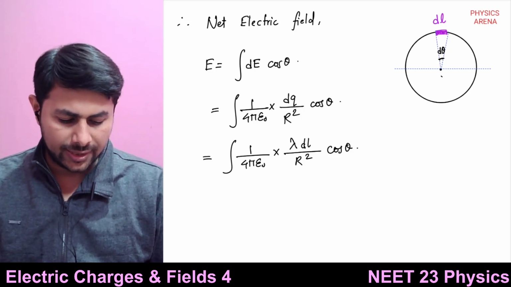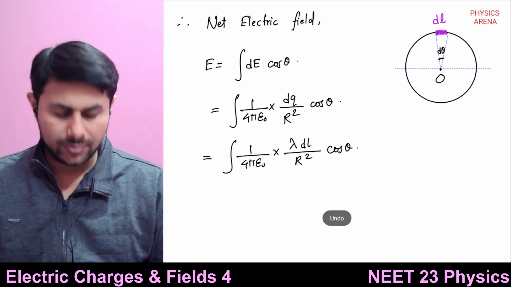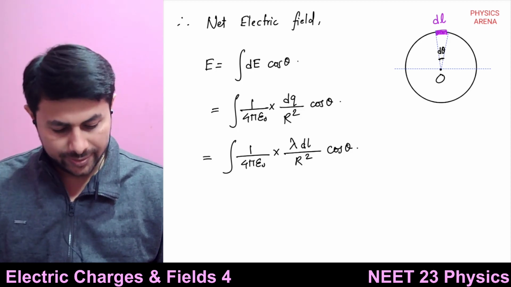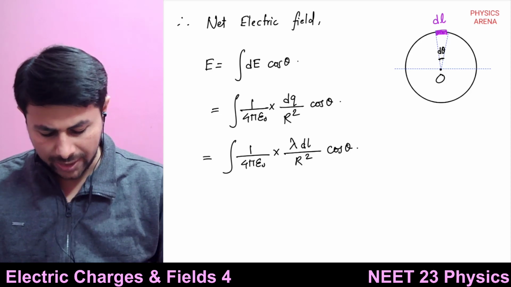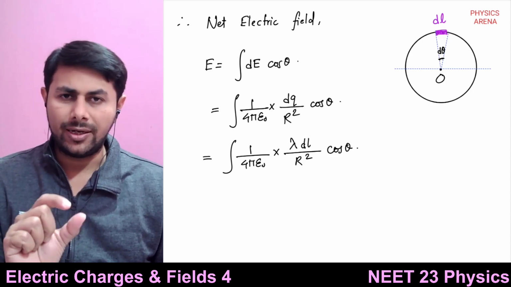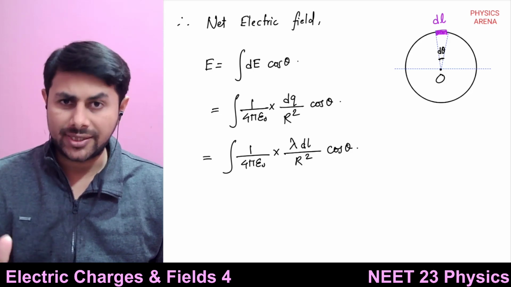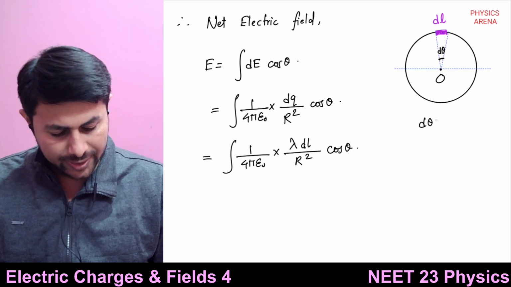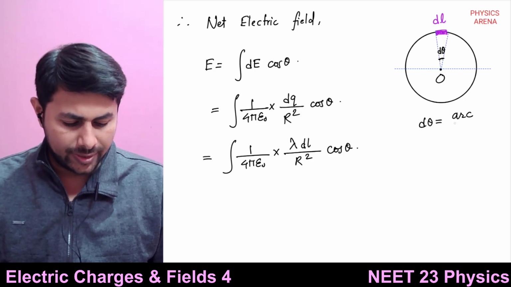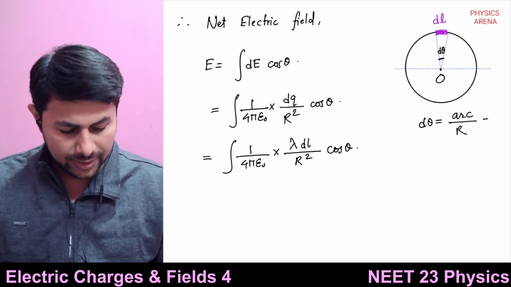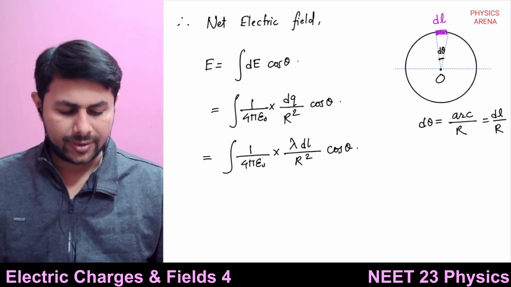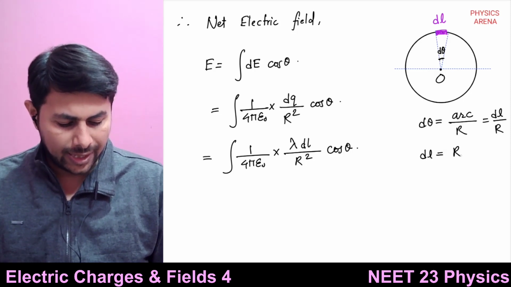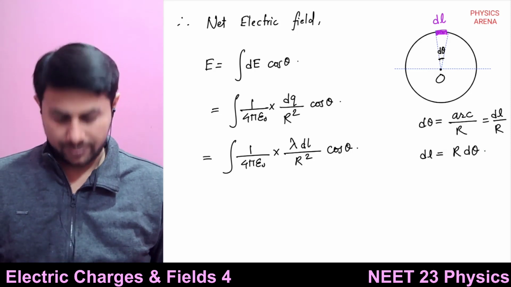And how can you write this angle? So we know angle is equal to arc divided by radius. So how much is the length of the arc? The length of the arc is the length of that small length element or charge element, so it is equal to dl. So d theta is arc upon radius, that is dl divided by r, and therefore we can write dl is equal to r multiplied by d theta, right?